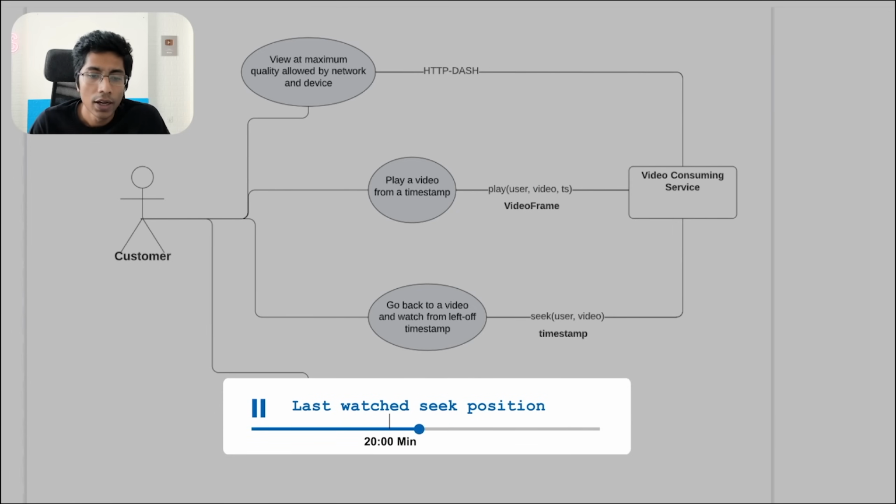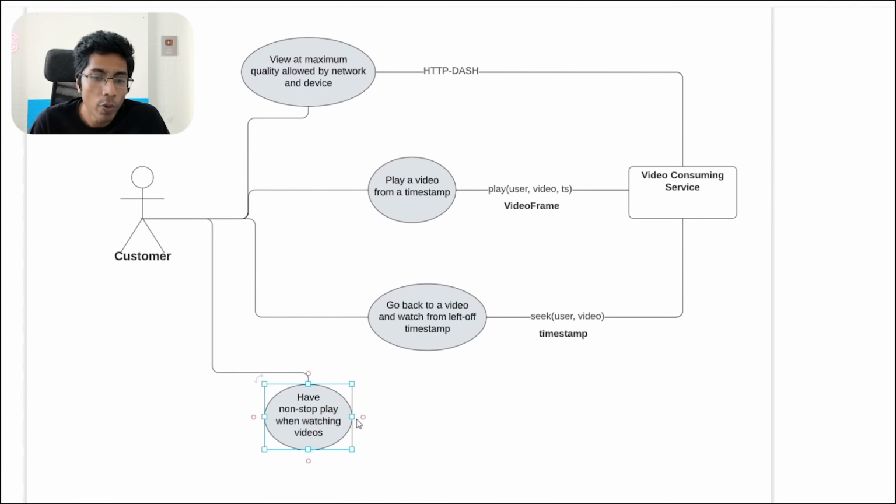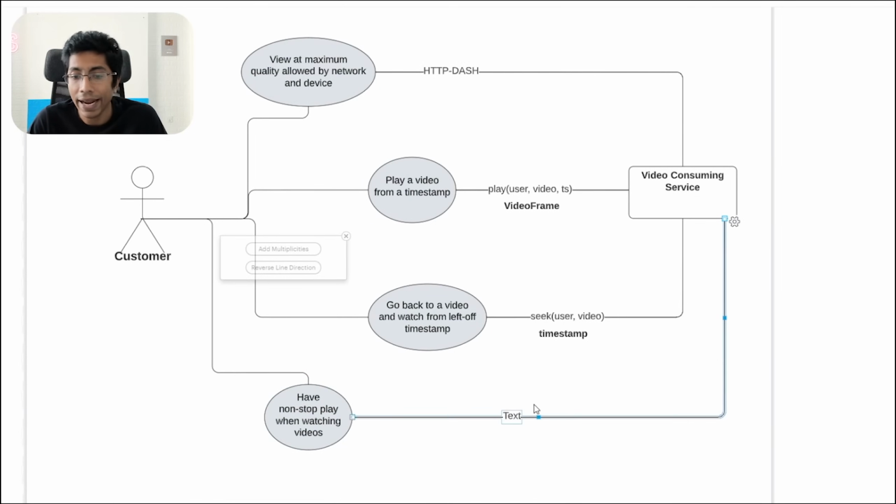All right. Have non-stop play when watching videos. This is interesting. We need to get frames in future. So what do we do? Do we say play here or do we say get video frame for a particular user and a video with a given timestamp?